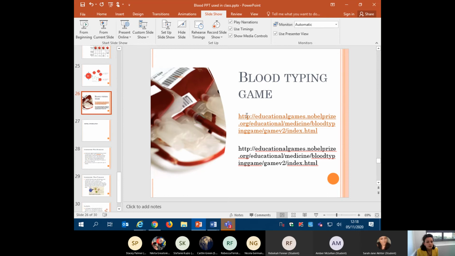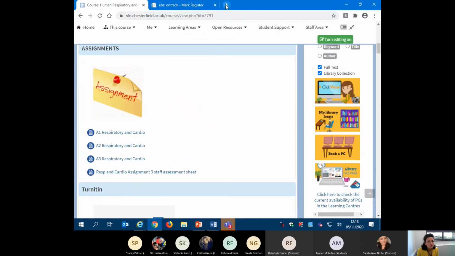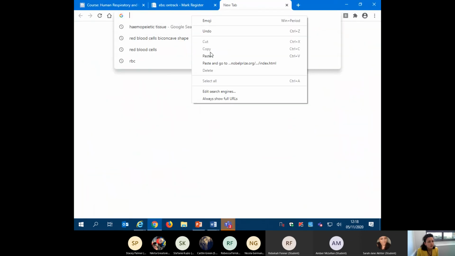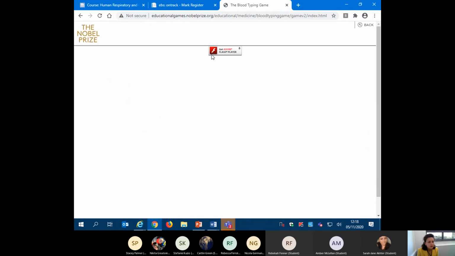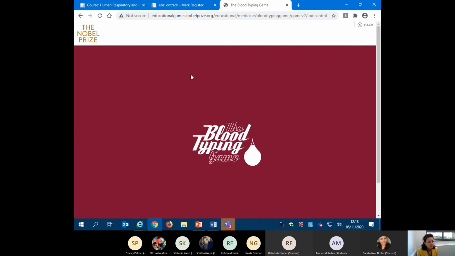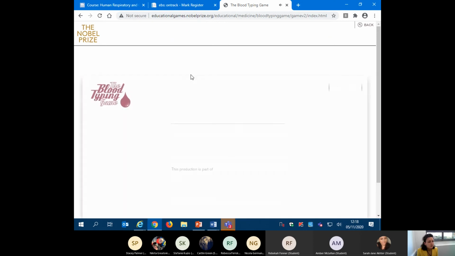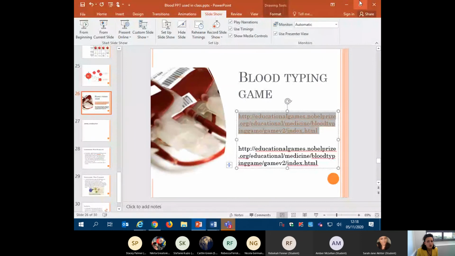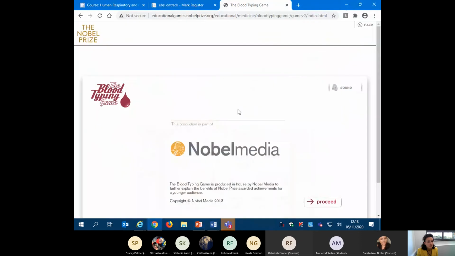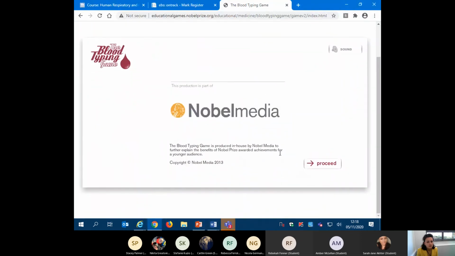Let me see if it works on this computer, because it's using Adobe, and Adobe is going to be discontinued at the end of this year. They're not supporting it anymore. So all these educational games, you see it's working on my computer. On my computer at home, it didn't work. I'm not going to do it now, but please give it a go at home and have a little play with it. It's a blood typing game.